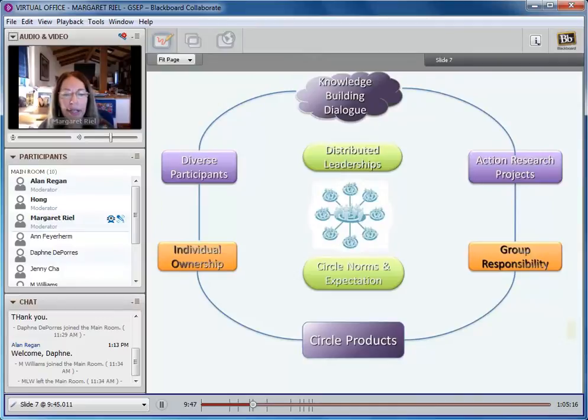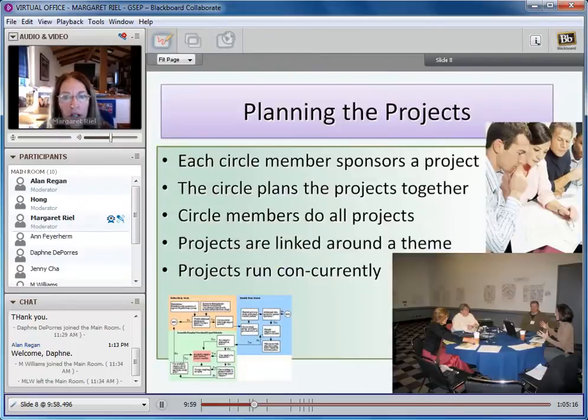So the thing that makes them different from other ways of putting people together is this individual ownership and group responsibility. Each member of the learning circle sponsors a project. Each participant brings to the table an idea for a project that they're willing to be the leader of. The group then looks at those and says, are these reasonable projects given what the people want to do and given what the group wants to do?